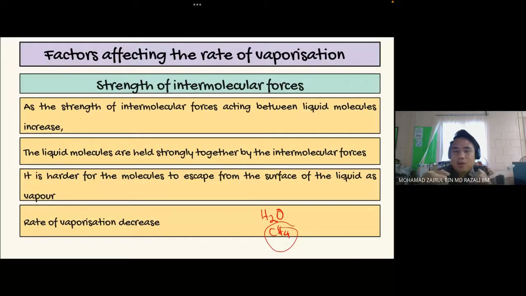Sebab once awak dah expose liquid tu at room temperature, some of the liquid particle tu akan directly turn into vapor. Sebab tu lah kalau bau petrol, awak boleh hidu dapat. Sebab apa? Petrol tu is easily vaporized sebab helped by weaker intermolecular forces. Sebab tu bau dia awak boleh bau dengan cepat. Compare to water, awak letak, awak tak boleh bau pun, dia susah.